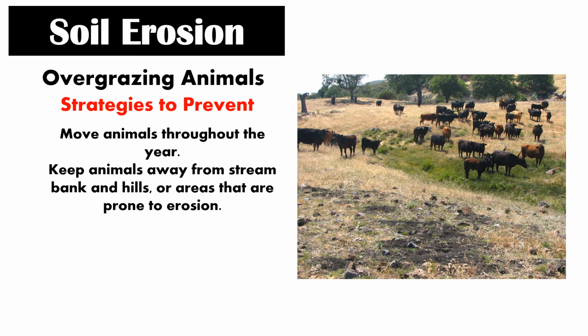We can move animals throughout the year. Instead of the animals grazing only in this place, after some time you move them farther away. Or, if the place is really prone to erosion, do not feed your animals there. Places near streams or on hills are prone to erosion, so let the vegetation grow there. Just find another place for grazing of animals.